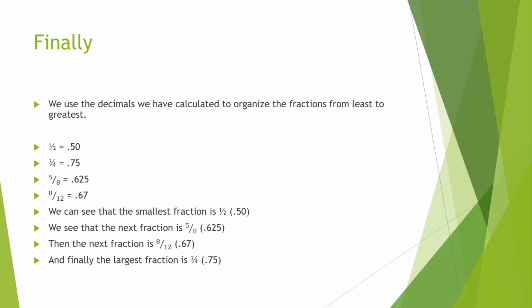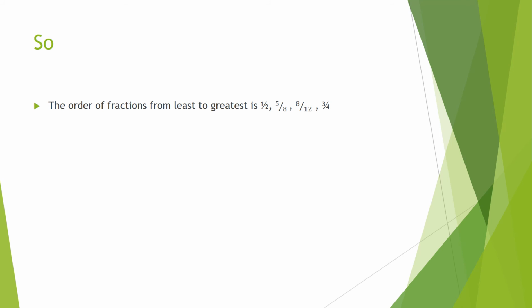And finally, the largest fraction in our list of fractions is 3/4 because this is 0.75 in decimal form. So we have our order of fractions from least to greatest is 1/2, followed by 5/8, followed by 8/12, and finally 3/4.